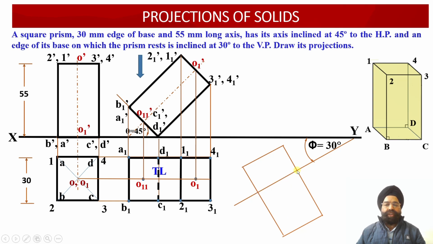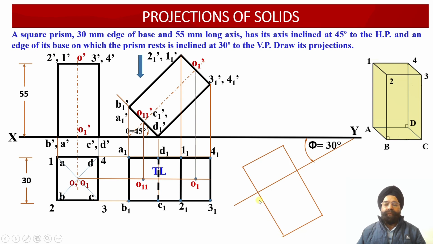Once we know this edge will be C2 D2, we know the distance between B1 and C1. Once we measure this distance B1 C1, we will be able to mark this edge and this edge, and then we join A1 B1 over here, so A2 B2 will be located over here. Similarly, we also know the distance between C1 and 3,1, the same distance for C1 3,1 and D1 4,1.